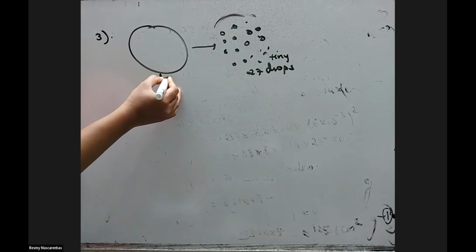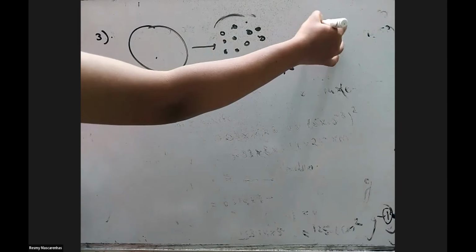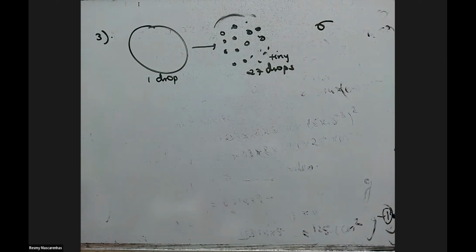This is one drop, and it is breaking up into 27 drops. Find the resulting change in the energy. Take the surface tension of the liquid as this only. The surface tension anyway is this symbol. This is one drop, and this is 27 tiny drops.